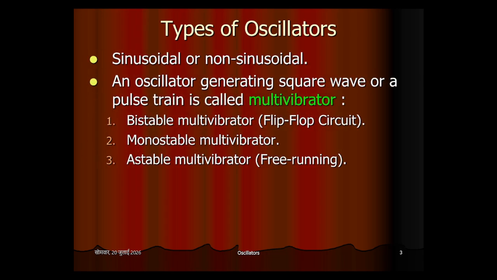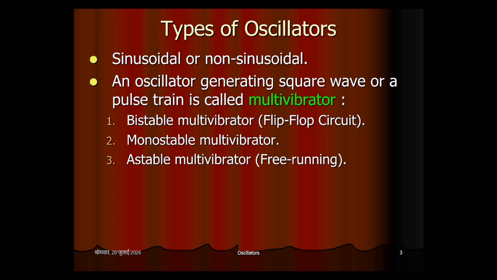So, what are the types of oscillators? We classify the oscillator as sinusoidal and non-sinusoidal based on the waveform generation. An oscillator generating a square wave or a pulse train is called a multivibrator, that is a non-sinusoidal oscillator. An oscillator generating a sine waveform is called a sinusoidal oscillator.